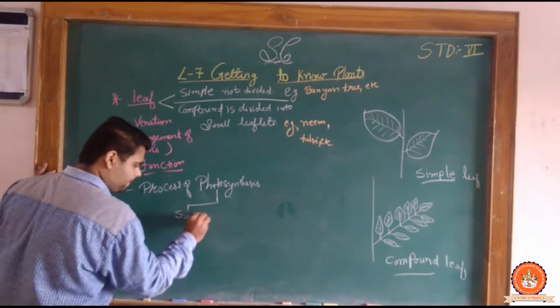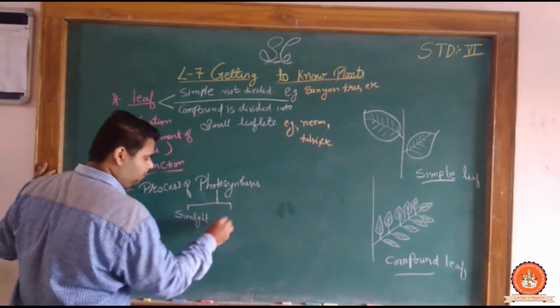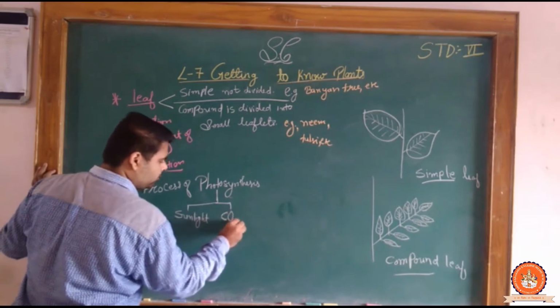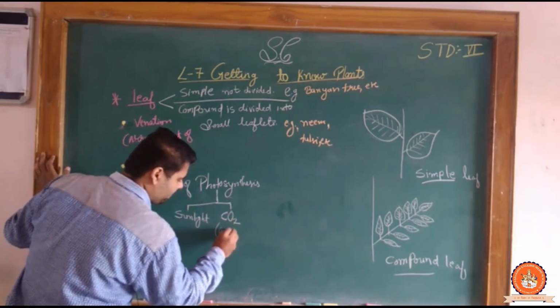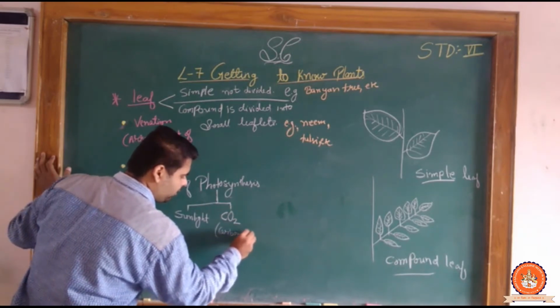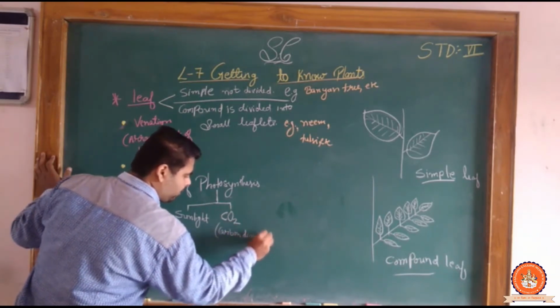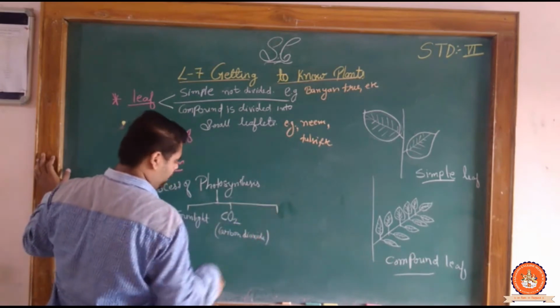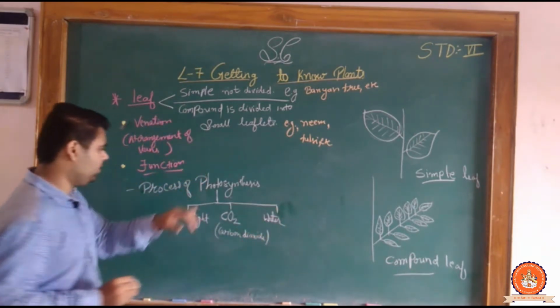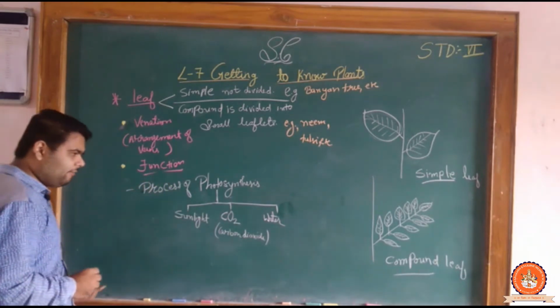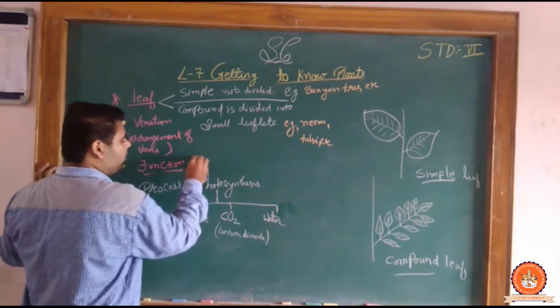Sunlight, carbon dioxide, CO2. This is the carbon dioxide. Clear? Carbon dioxide, and what we need? Water.